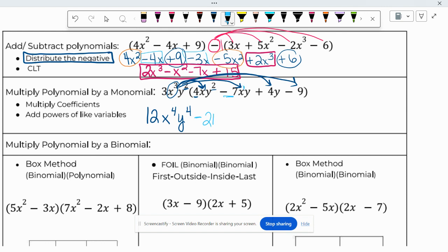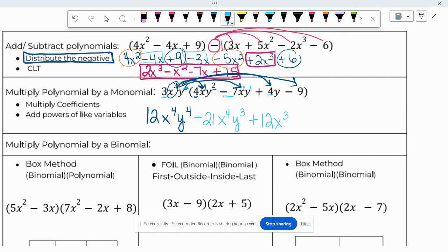X cubed times x to the first is x to the fourth. Y squared times y to the first is y cubed. 3 times +4 is +12. There is no x power here, so I'm going to just bring that x cubed right along.